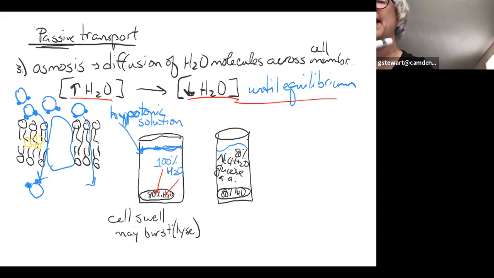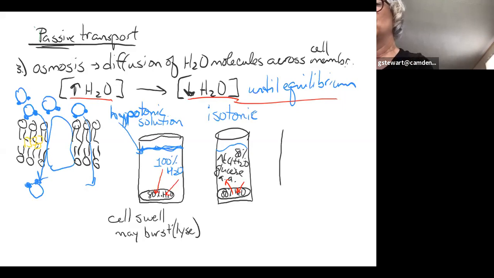If it's perfectly matched, the water is still going to move, but the water will move one molecule out, one molecule in. And that solution we refer to as isotonic. It's the same tonicity or the same pressure of the water inside and outside the cell.